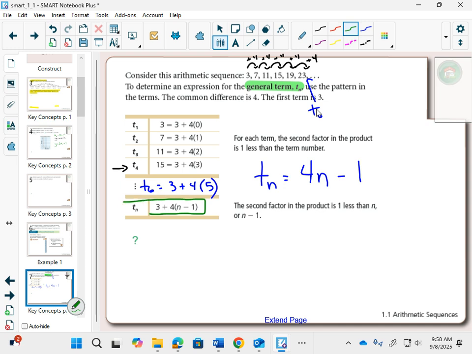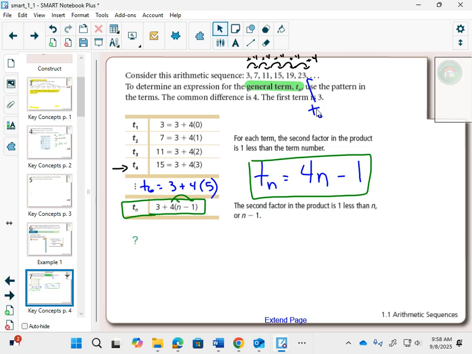So this general formula here and this general formula here are two different ways of seeing the formula, and they both work. In fact, if you would do the math and distribute your 4 here and then combine your like terms, you'd see that those two equations are exactly the same. Okay?